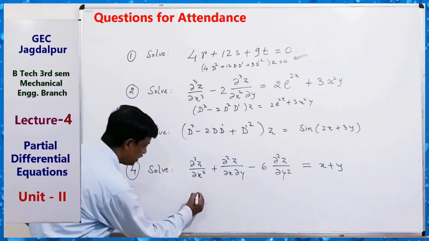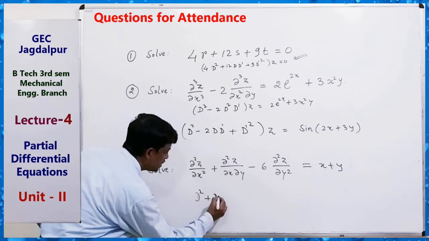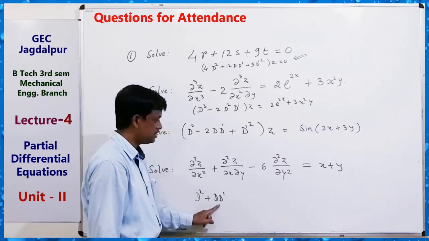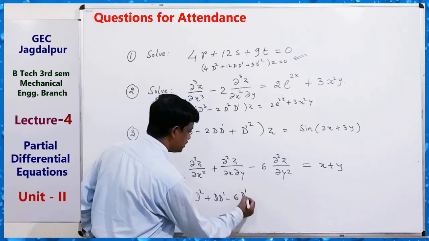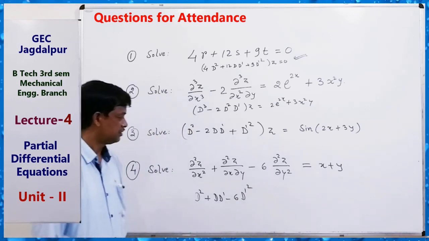Similarly here, d square plus d d dash minus 6 d dash square. Clear?